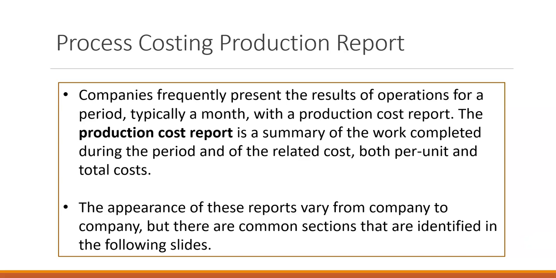When we show our production report, which we just walked through, it's a summary of the work completed during the period, our related costs, both per unit and the total costs. The appearance of these reports might vary from company to company, but they all have the same common sections.